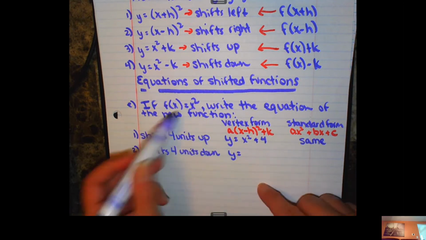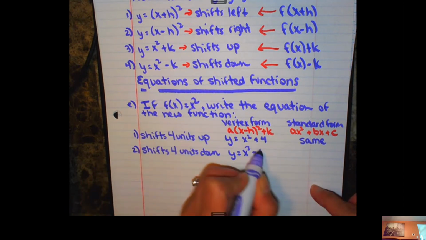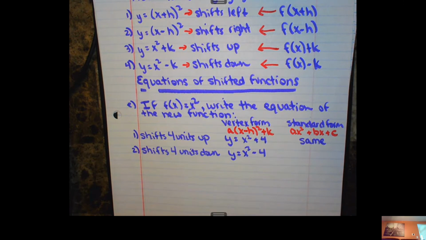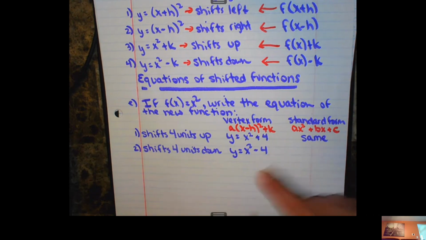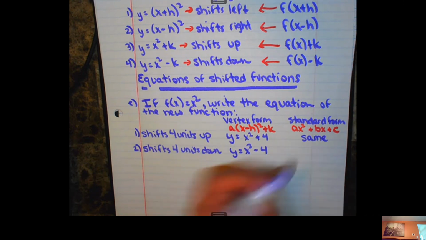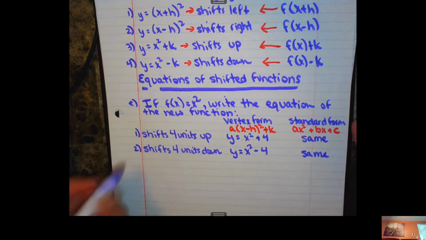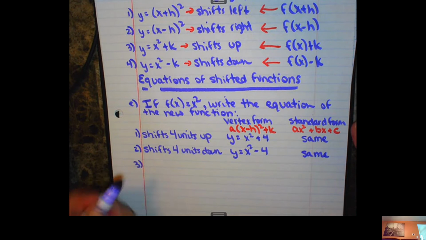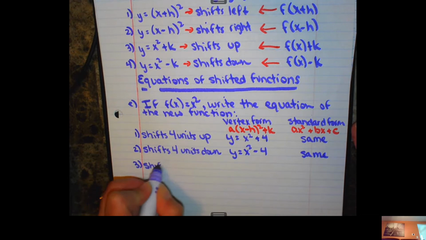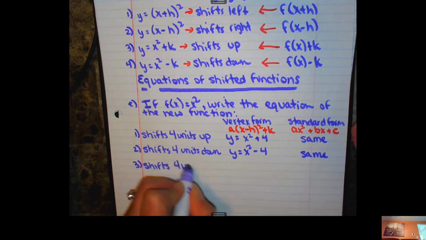So I'm going to take my x squared and just put minus 4 instead. So there's my equation. Standard form would mean to get rid of the parentheses and simplify, and there's nothing I can do, so that would be the same answer. Example 3. Can you write shifts 4 units left?